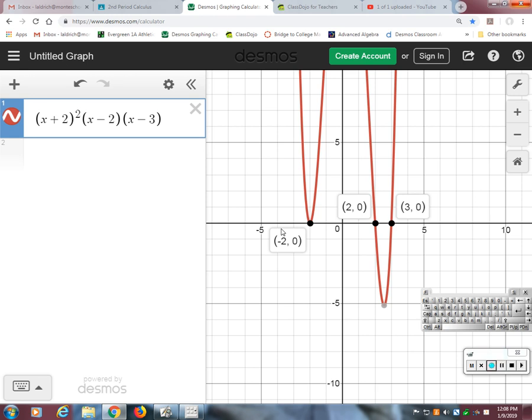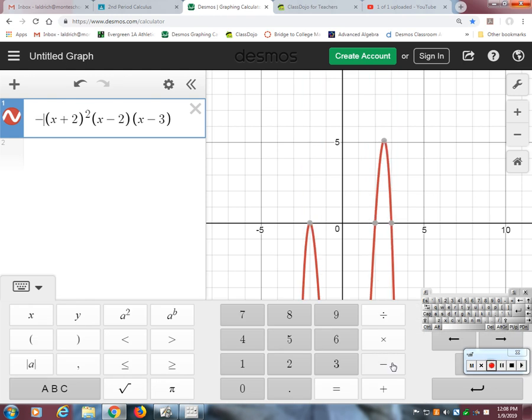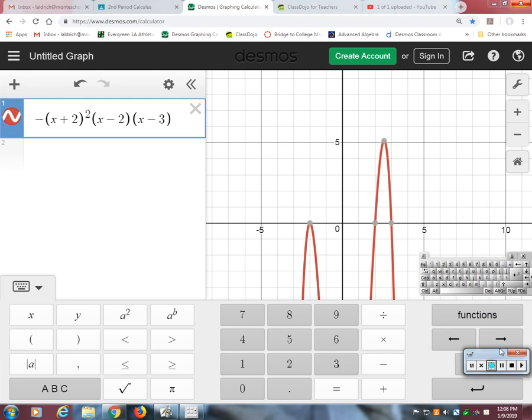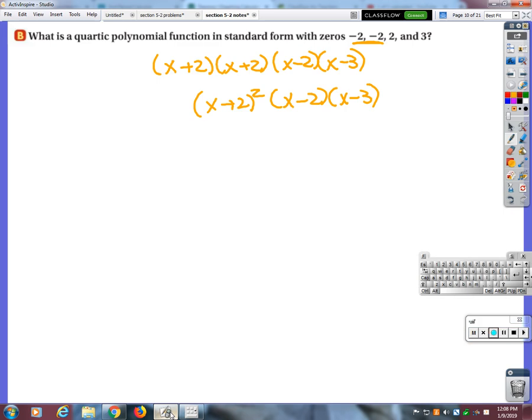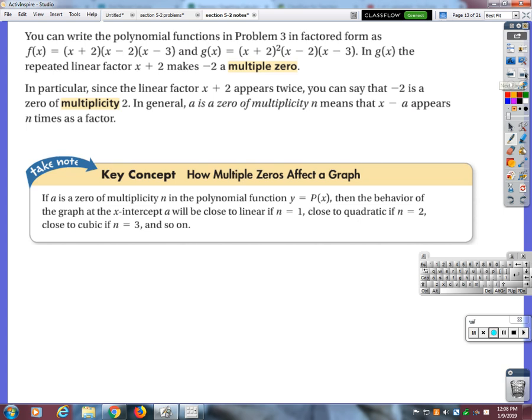If I turn this upside down by throwing a negative in front, it would do the same thing, just from the opposite direction. And that's called a multiplicity or a multiple zero, a simple name for a zero that comes up more than once.